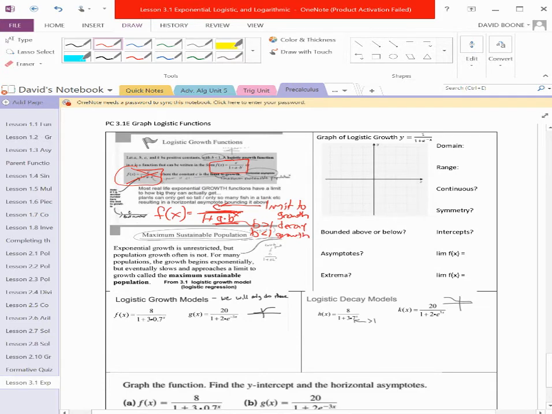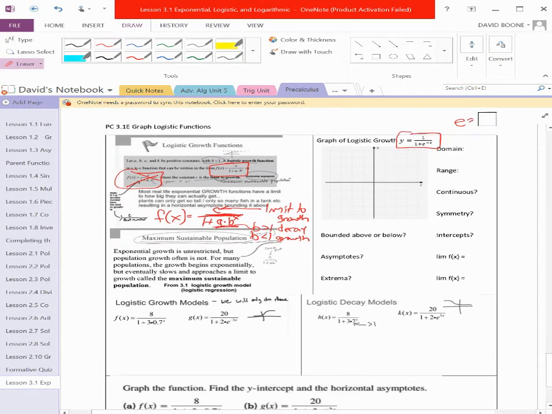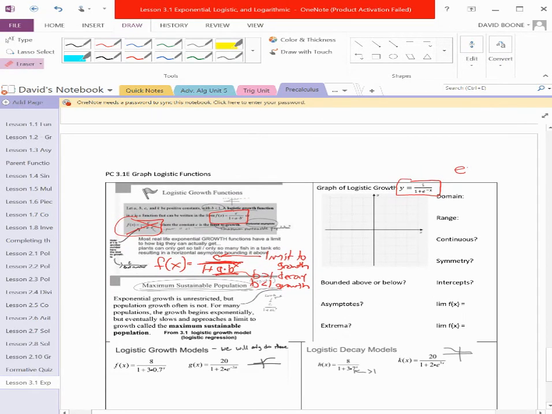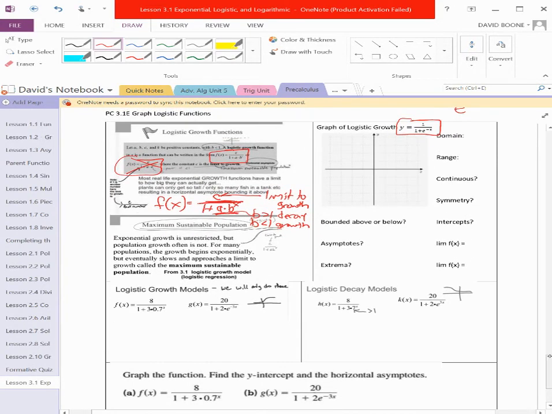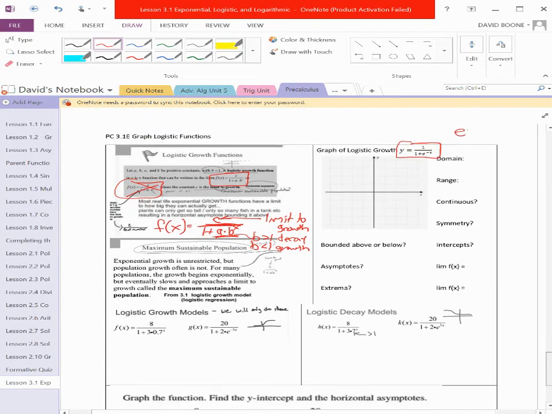Okay? So let's look at this example right here. y equals 1 plus e to the negative x. Wow, that one's kind of interesting, because when I look at the e value, remember that the number e is approximately 2.718.